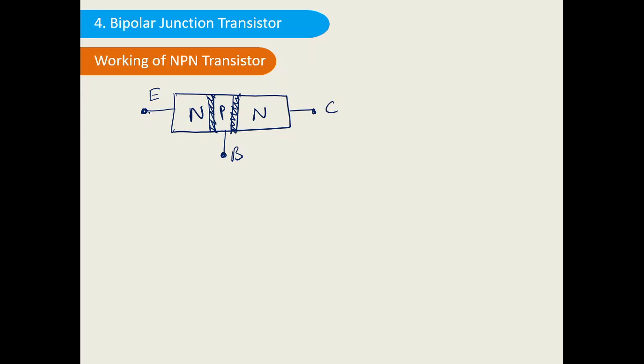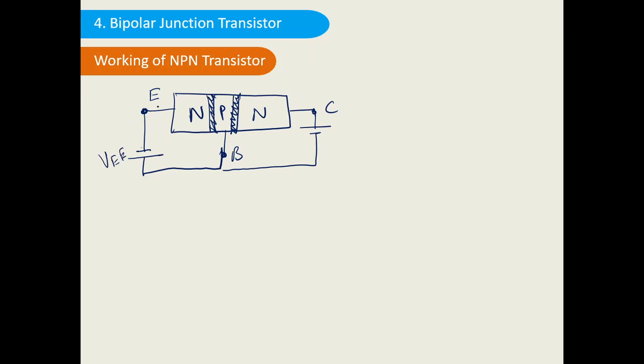The input junction should be forward biased, which means negative is connected to negative and positive to positive, like this. The output side should be reverse biased, which means negative is connected to positive, and positive is connected to negative.